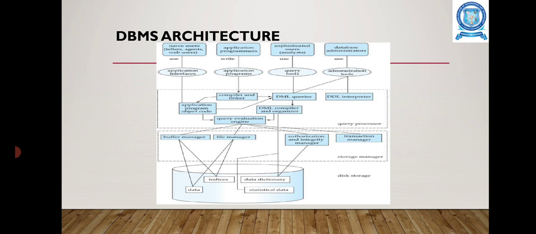The first one is the application programmers. Application programmers are professionals who write application programs, and using these programs they interact with the database system. The second one is the sophisticated users. These users interact with the database system without writing programs, but they submit queries to retrieve information. Next are the specialized users, who write specialized database applications to interact with the database system.